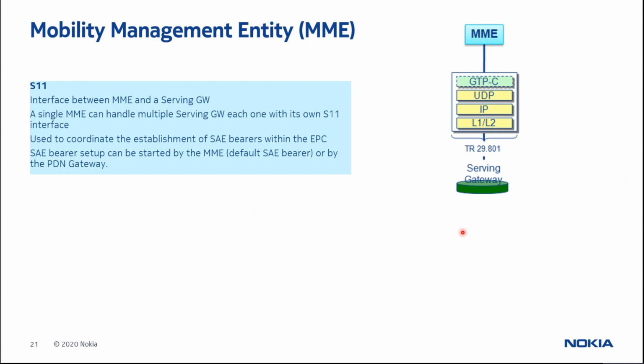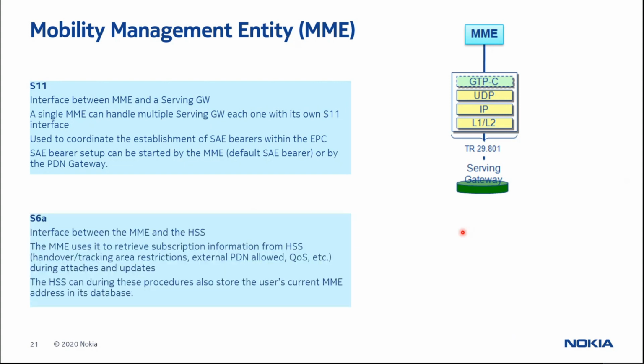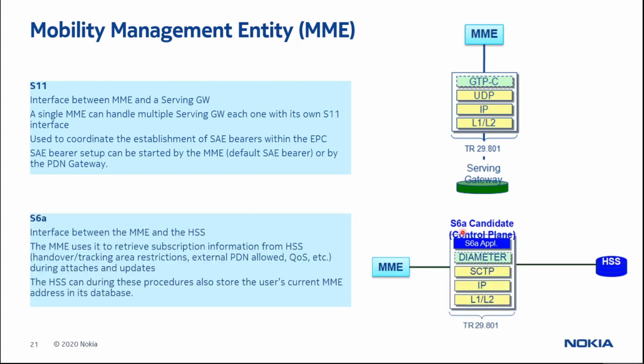It is called S6a, where it retrieves the subscriber related information. And the same MME also has a very important interface towards the serving gateway that is called S11, right? So it is the interface between MME and the serving gateway. It is used to coordinate the establishment of bearers.